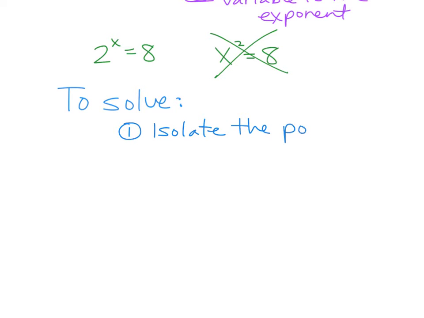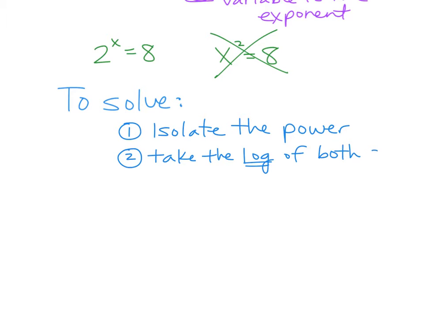So you want anything to the power to be by itself and every other number off on the other side. Okay, so we're going to isolate the power first. The second thing we are going to do is take the log of both sides. Whatever you do to one side, you got to do to the other, right? Golden rule of algebra. So we're going to take the log of both sides.